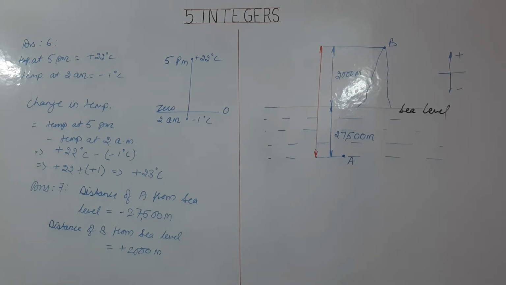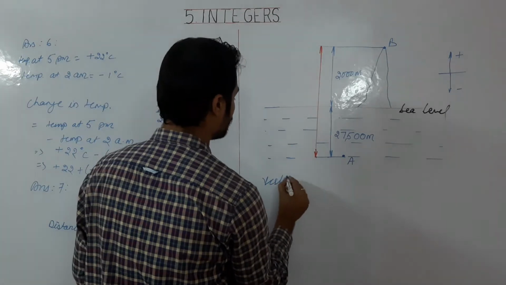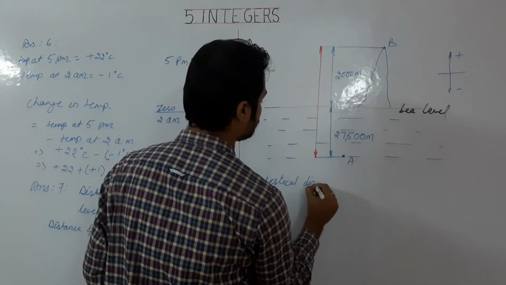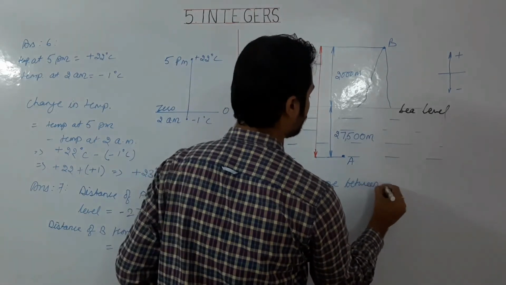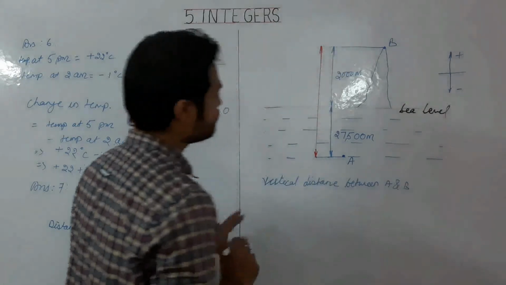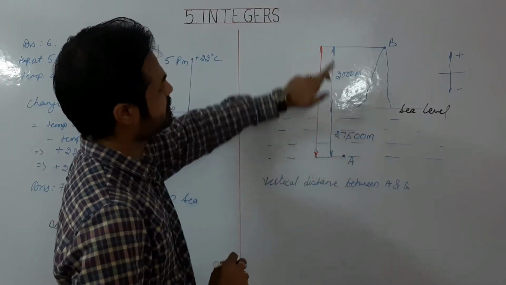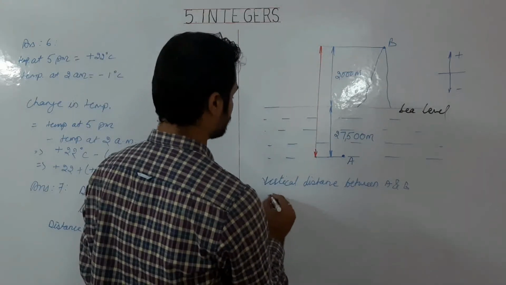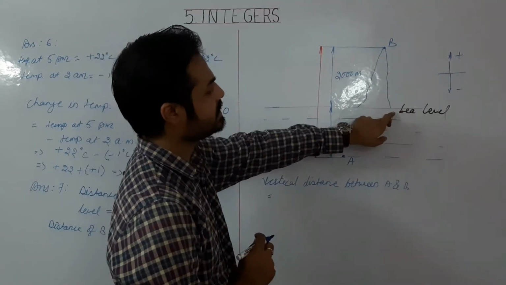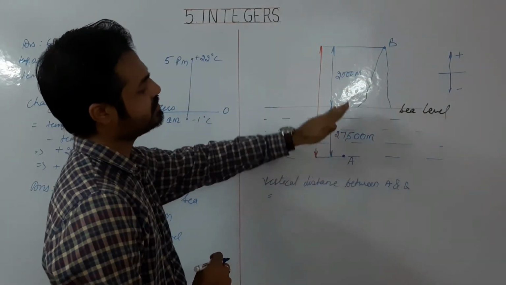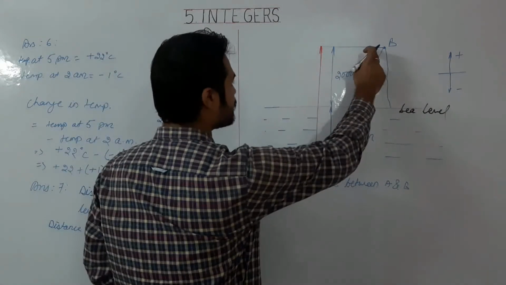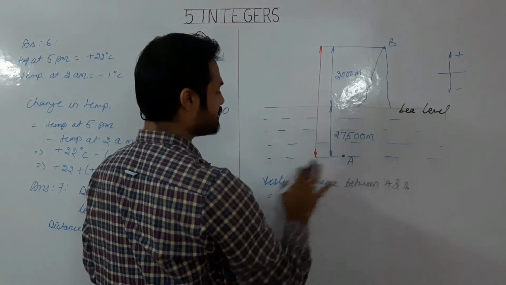Now the question is, find the vertical distance between A and B. So the vertical distance between A and B equals, now from sea level, B is 2000 meters above and A is 27500 meters below. So what to do? This minus this will be the distance.